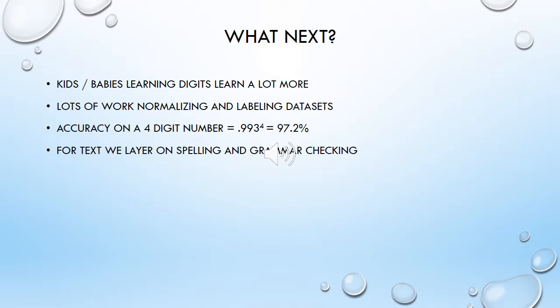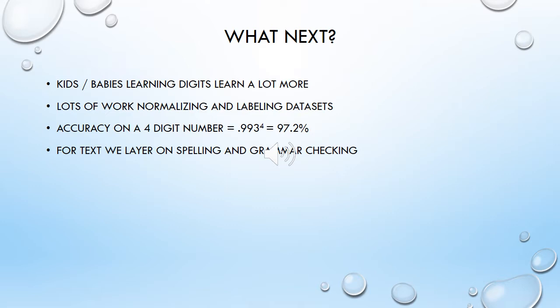But the state of the art is 0.23%, which means that for every 1 in 100, or for every 1 in 200, there'll be an error, which is pretty good.